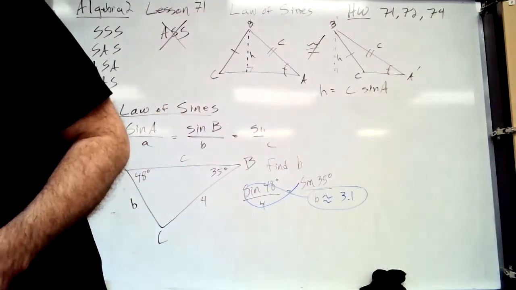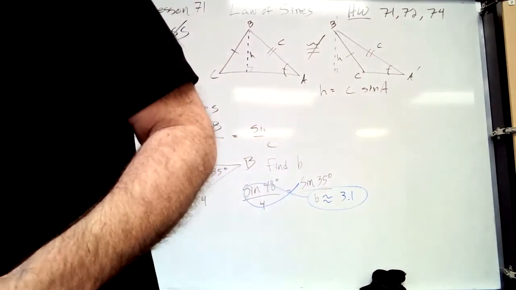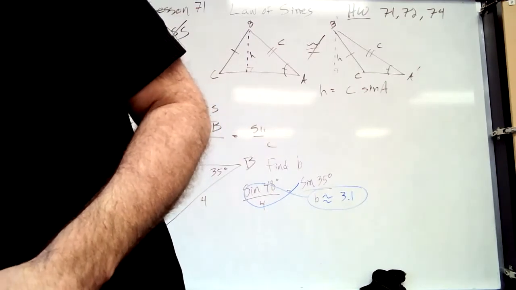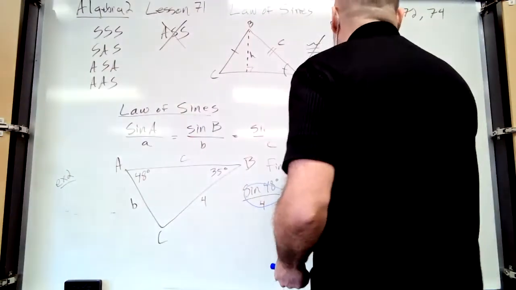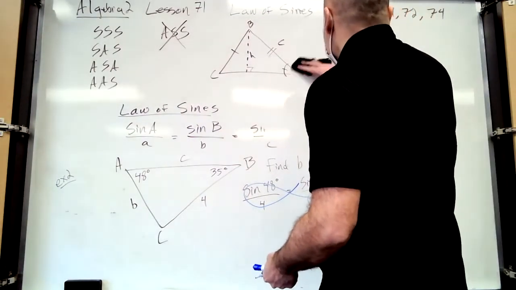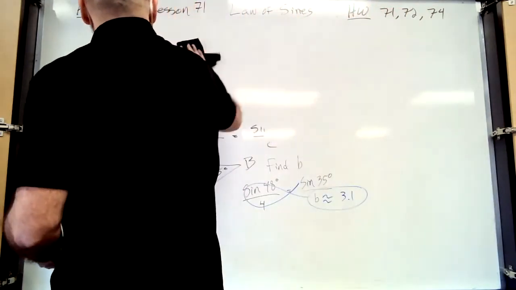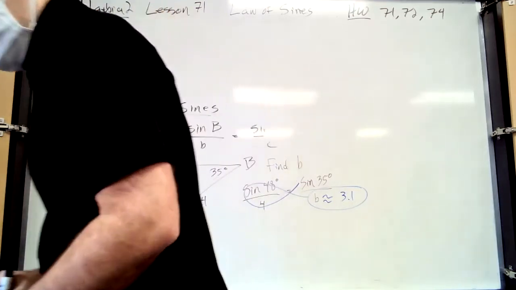All right. Let's move on from that because that's probably not going to be too terribly useful. Okay. So let's try to find, using the law of sines, instead of finding a missing side, a missing angle. We can do that.